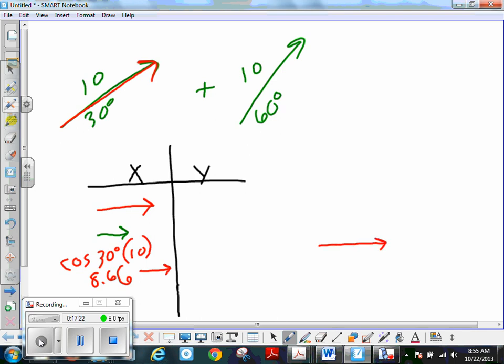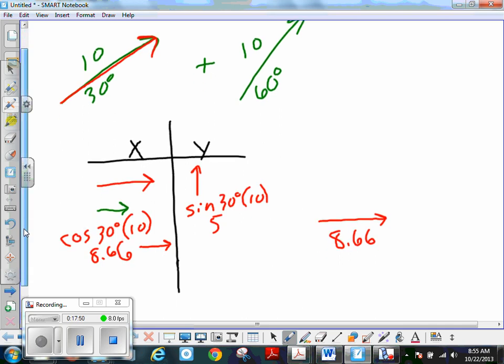Is 8.66 correct? 8.66, that's from the red one. Now, my red y is going to be the sine of 30 times 10, which is going to equal 5. I'm not going to add that in yet.